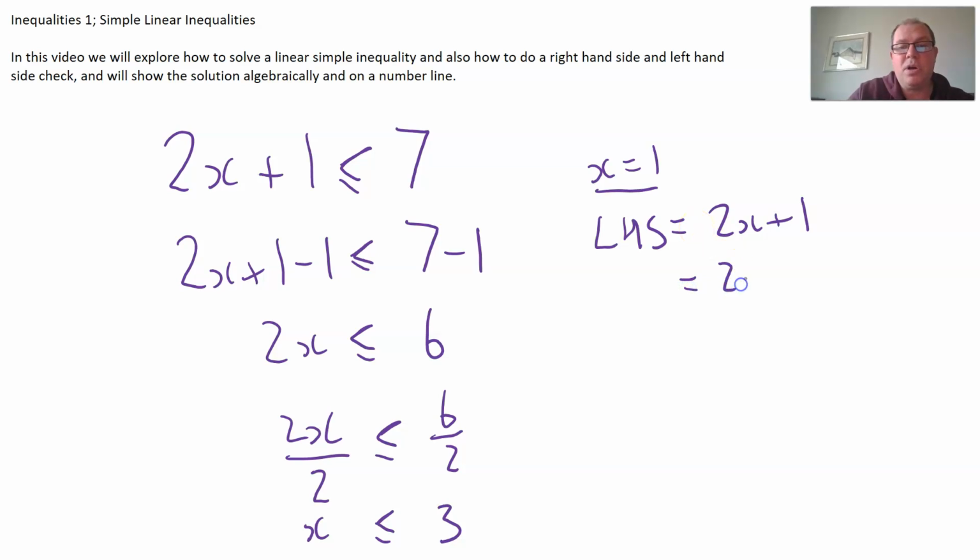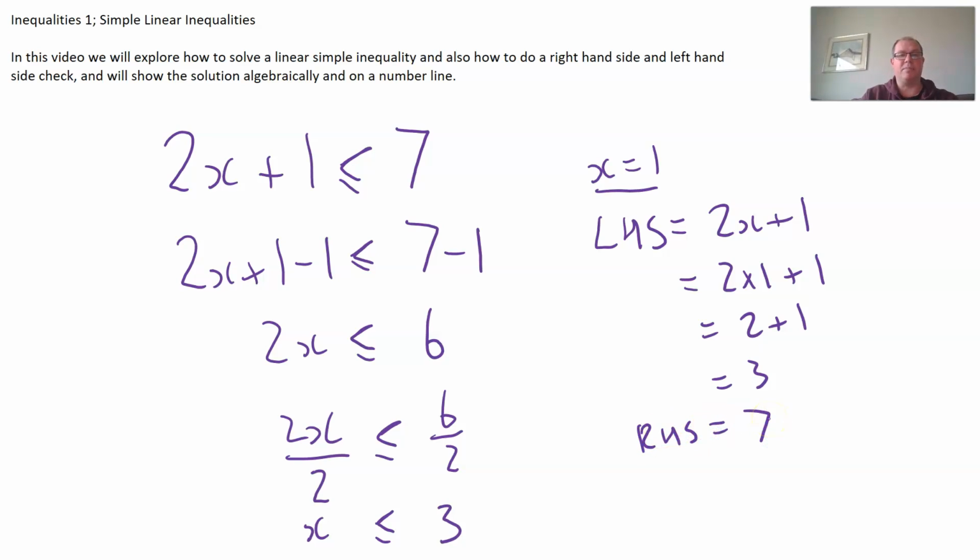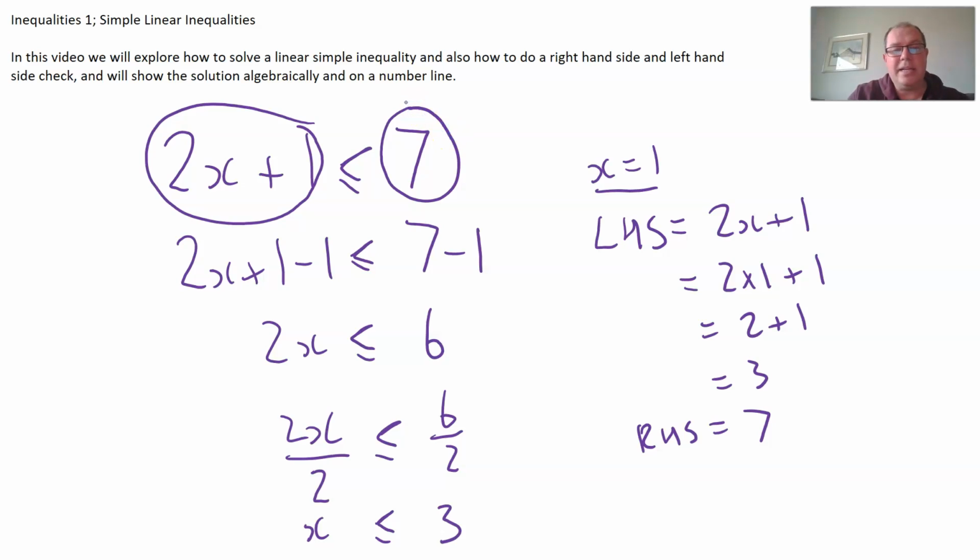So 2 times 1 add 1 is 2 add 1, and it's 3. Now let's look at the right-hand side. The right-hand side is nice and simple. It's equal to 7. So is the left-hand side smaller than or equal to the right-hand side? And the answer is yes, 3 is working. So it looks like we've got our inequality correct. And we have. So that's how to do a left-hand side, right-hand side check.